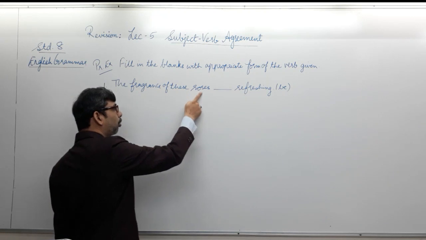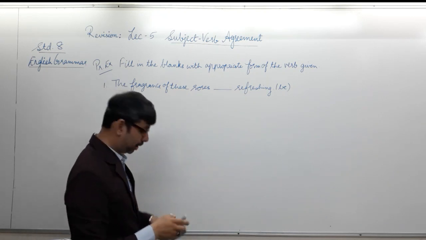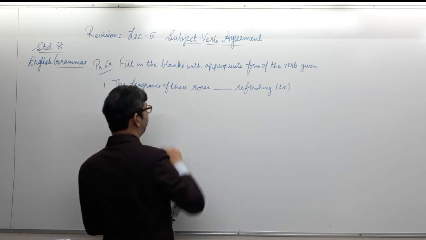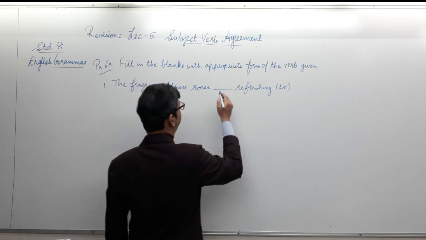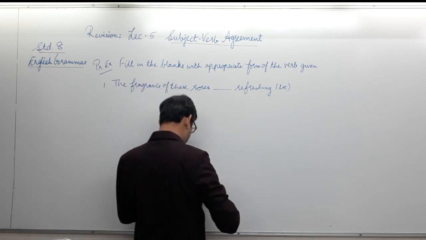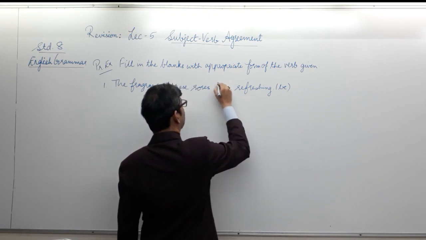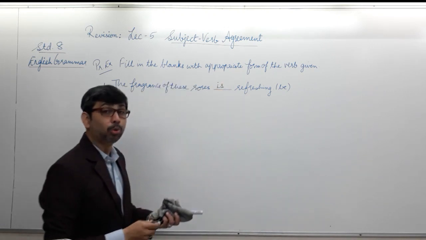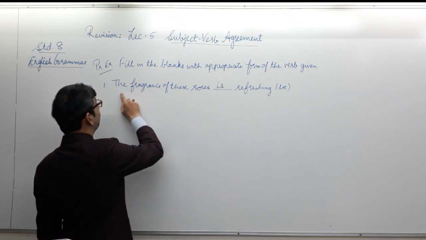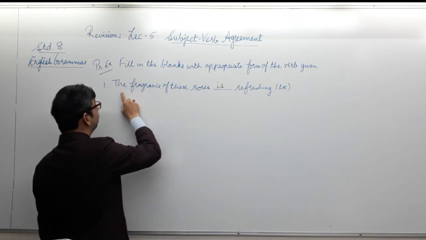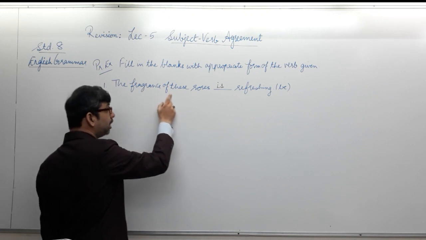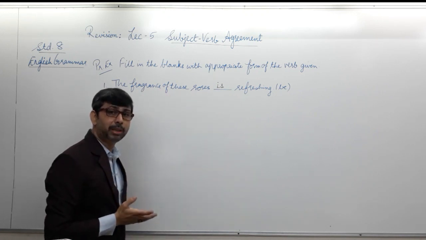Just looking at the word roses, do not make a choice. Think of the word fragrance. The fragrance is refreshing, therefore we will be writing the answer is and not are. Similarly, if you wanted to write the plural, then you would be required to write the roses are refreshing. Then it would have been correct.